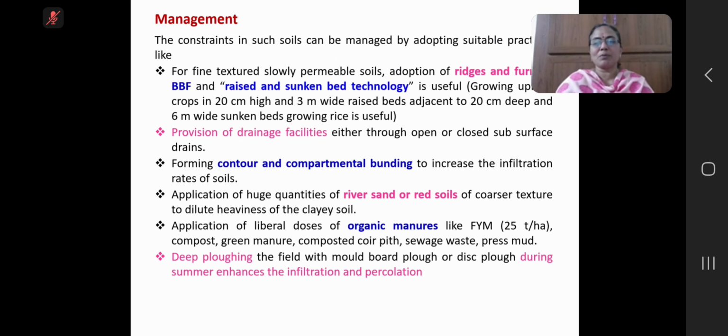So by some agronomic management practices such as adoption of ridges and furrow, broad bed furrow, raised and sunken bed technology.